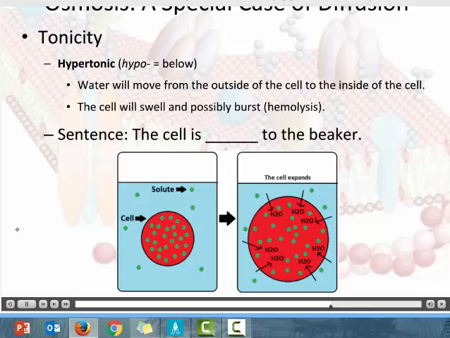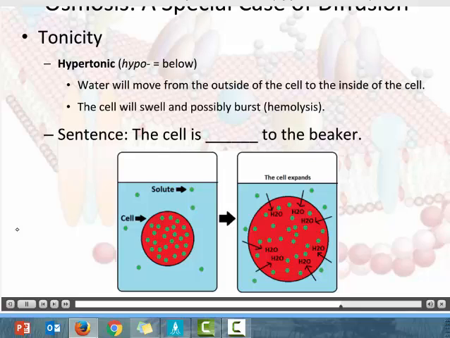If we look at it from the perspective of solutes, then our hypertonic cell has more solutes than the outside of the cell. Water always moves towards the area of higher solute concentration. So in order to dilute our high solute concentration, water moves from the outside of the cell to the inside of the cell.